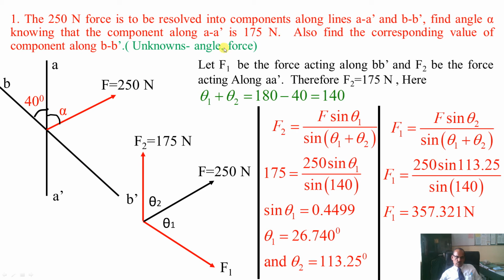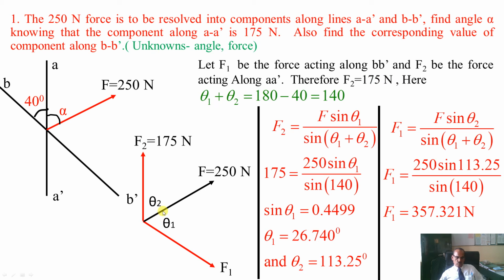So what are the unknowns? Angle and force. So what I will do, let the force F1 be the force acting along BB. This BB, this is force F1. And F2 be the force acting along AA, and that is given in the numerical problem, 175 Newton.